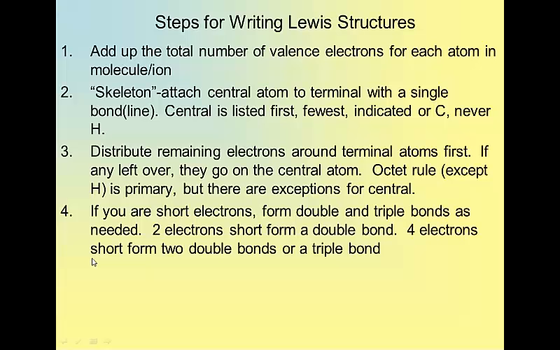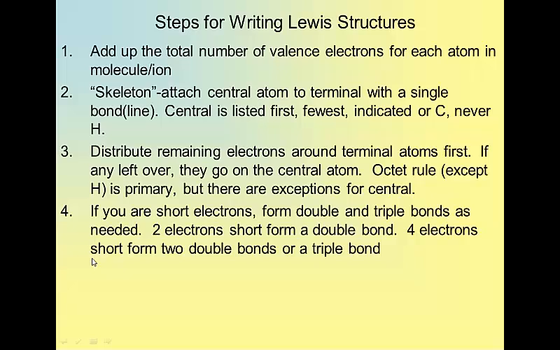If you are short electrons, form double and triple bonds as needed. Two electrons short, form a double bond. Four electrons short, form two double bonds or a triple bond. These are going to be your delocalized, which we will tackle in the next video. So pencil and eraser, good idea.